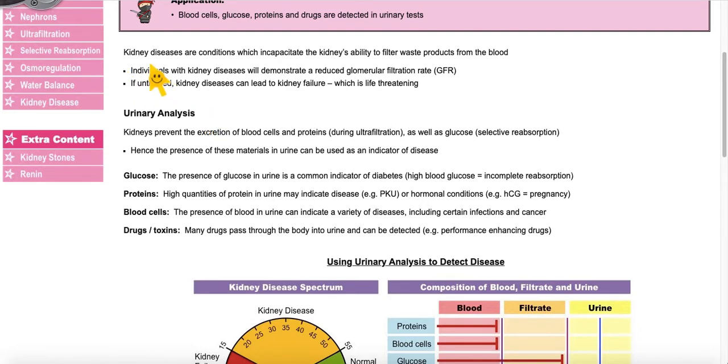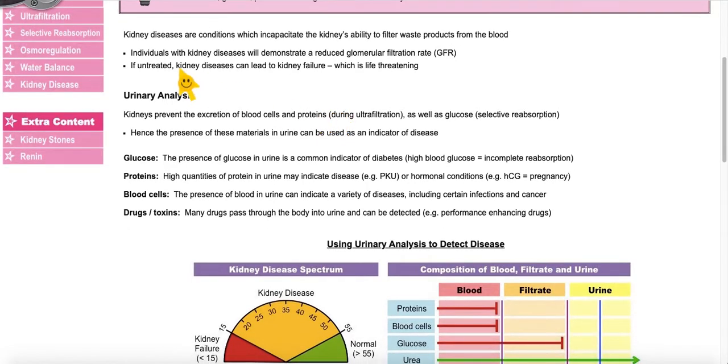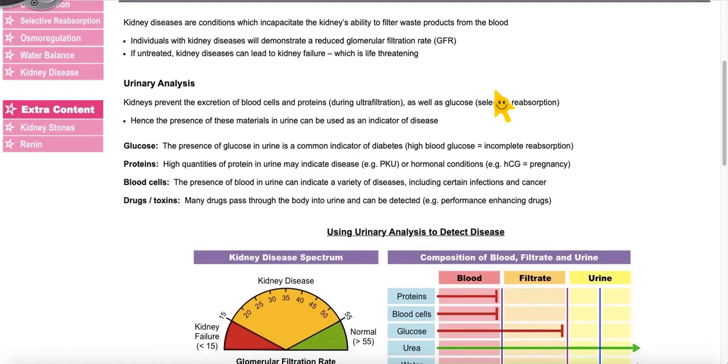So for example, if you're suffering from kidney disease, this is a condition where your kidneys aren't working properly and your kidneys are not able to filter your blood properly. So if someone has kidney disease, that's going to be expressed through these tests via a number called a glomerular filtration rate, GFR.